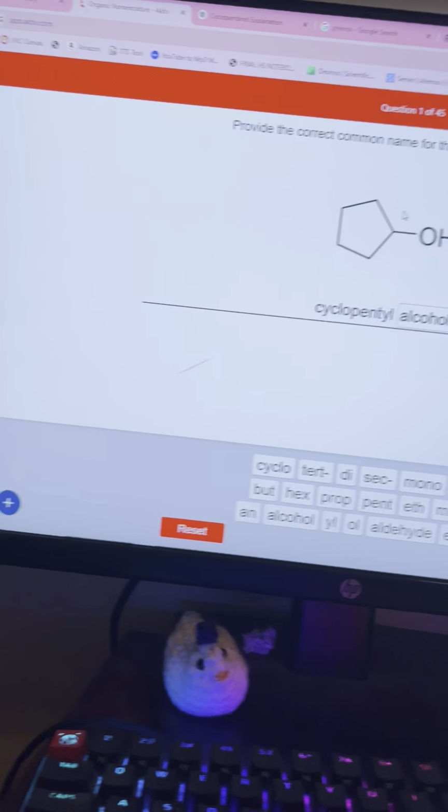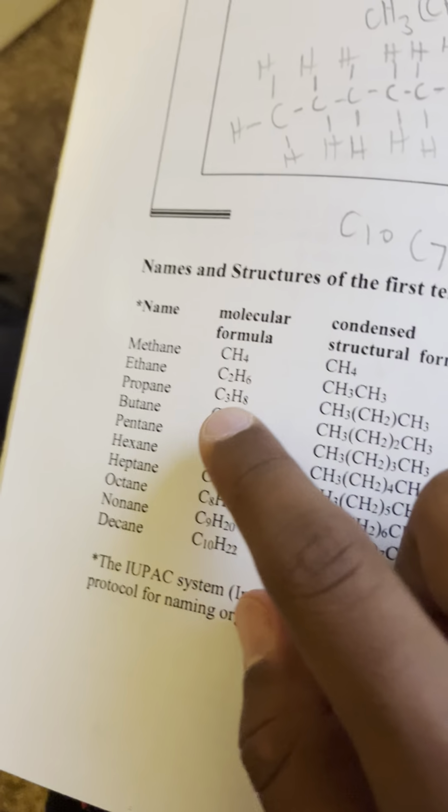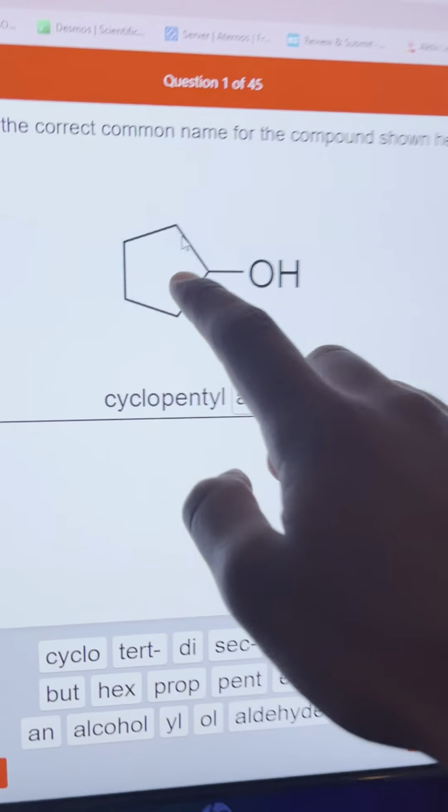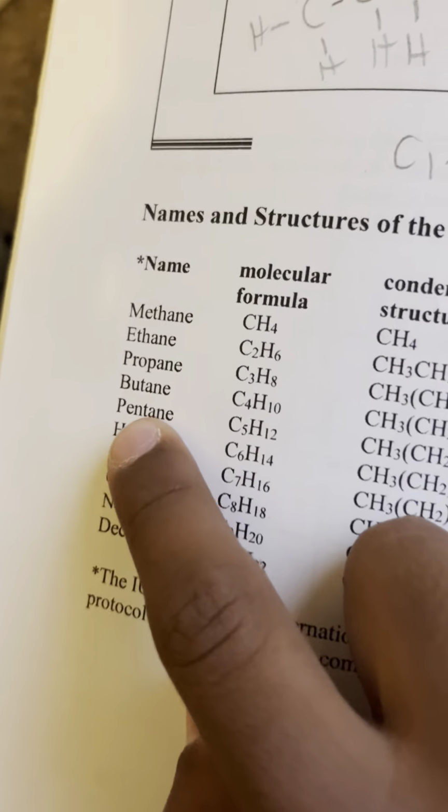So number 1, we have to name this. Remember, there's different names for the different alkanes. We see here there is 1 carbon, 2 carbon, 3 carbon, 4 carbon, 5 carbons. So the 5 carbons tell us that this is pentane.